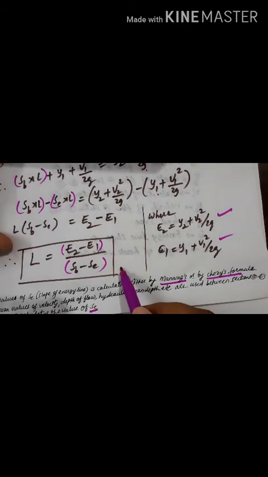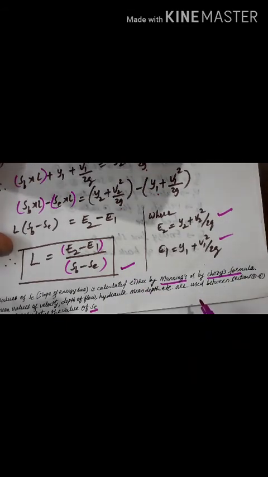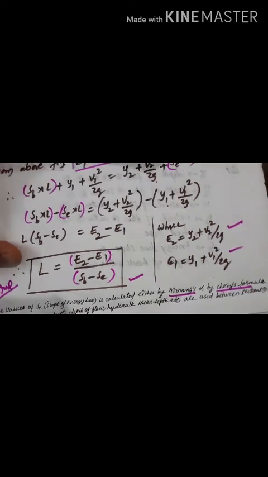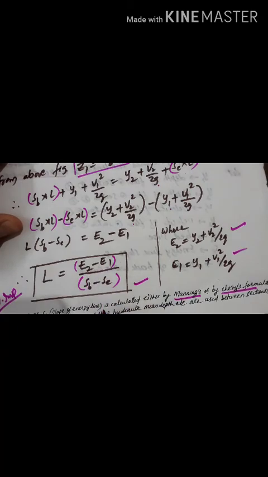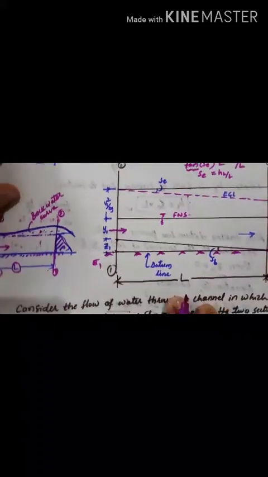Okay, so this is the expression for length of backwater curve, and this is also very important. Many times the problems will be asking on these questions. You have to remember this formula, E2 minus E1 divided by SB minus SE. I hope you understood this one. This is very simple.